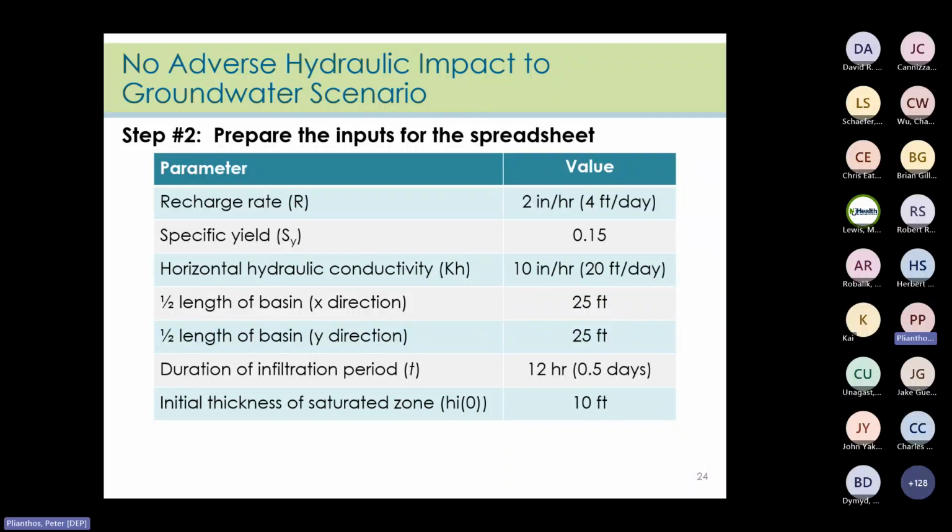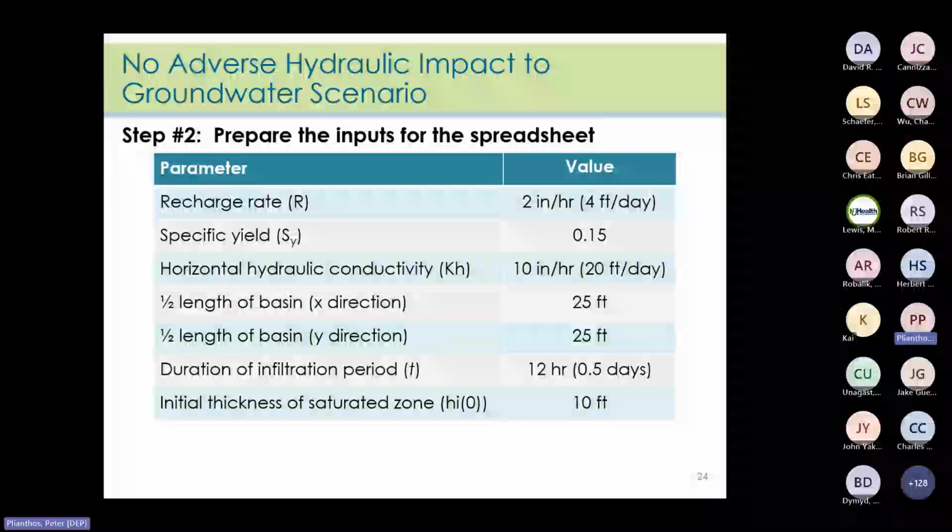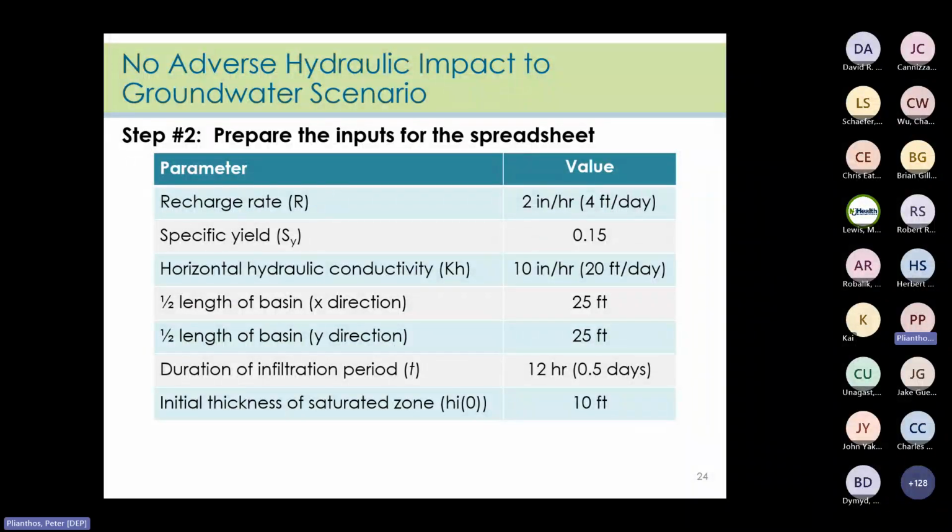The specific yield is set equal to the default value of 0.15. The horizontal hydraulic conductivity is equal to 5 times the recharge rate, since the infiltration basin is located in the coastal plain. The basin measures 50 feet by 50 feet, so we would just input half of each of those dimensions since the analysis is performed at the center of the basin. And the duration of infiltration period is obtained from step 1.